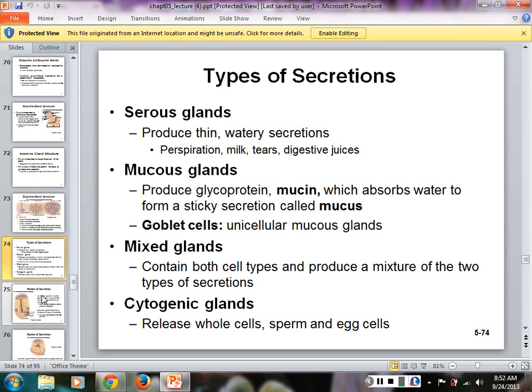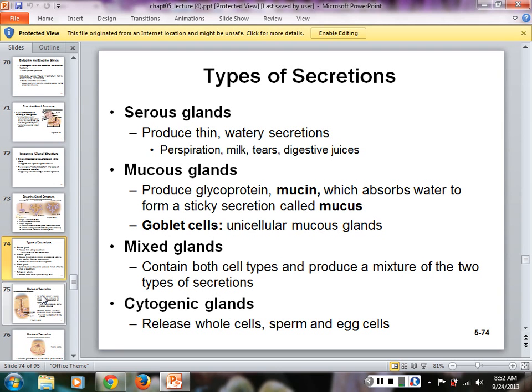It's really sticky. The reason is it traps pathogens, particles, debris, nicotine or cigarette smoke, just to name a few, in order to keep it from damaging other what? Organs or structures nearby.